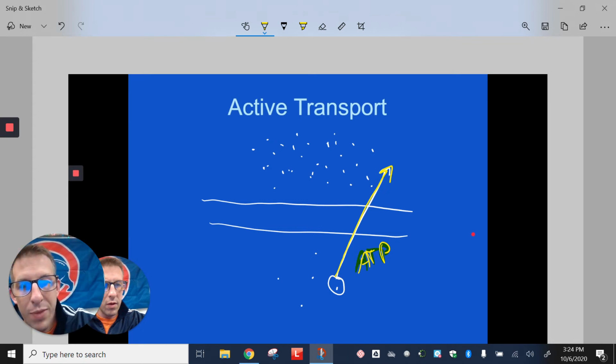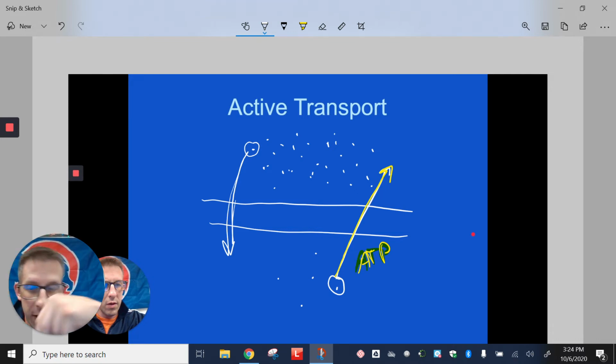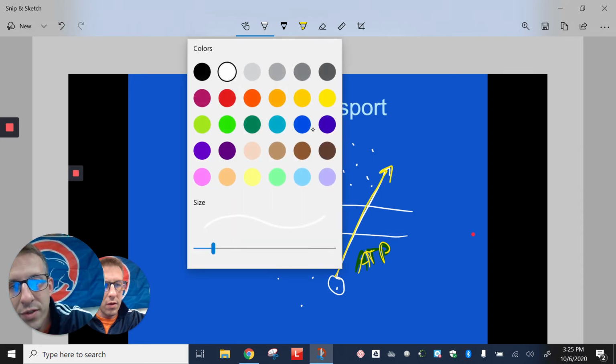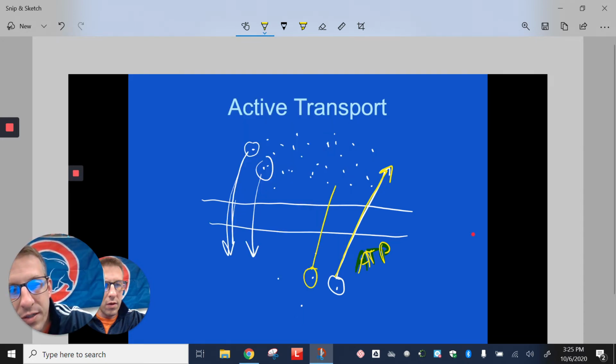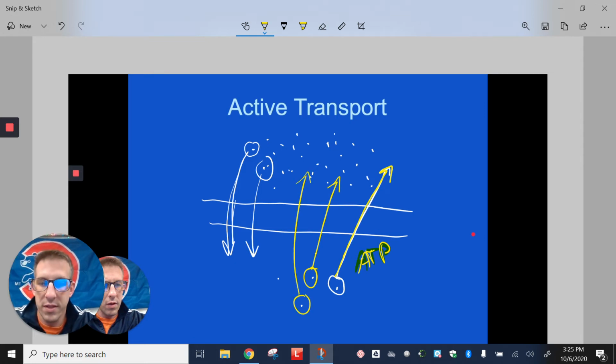Naturally, okay, passively, these molecules are going to want to go down their concentration gradient, okay? That's what they naturally should do. That's their natural state of things. What the cell sometimes will do is spend energy to send them against what they would normally want to do. Okay, so it will spend this ATP.